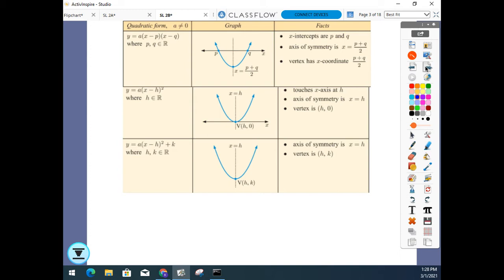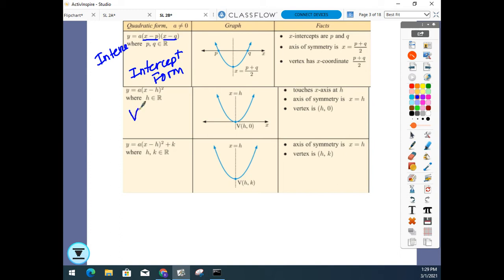Now, the other thing, I'm going to label this first one here, intercept. Okay, let me write it underneath. Intercept form, because the intercepts you could see in the equation.